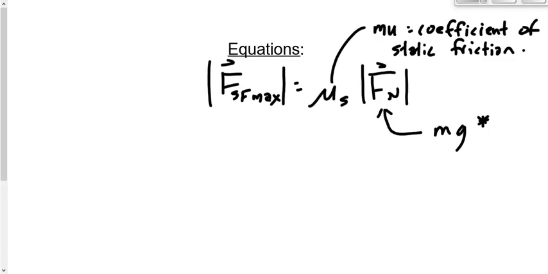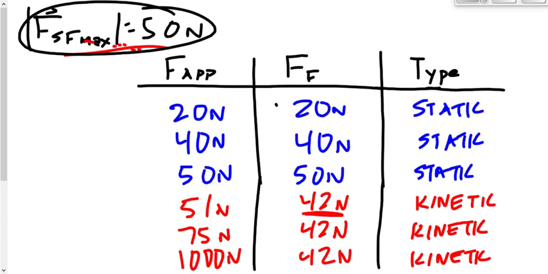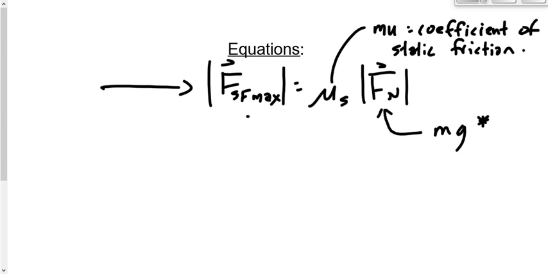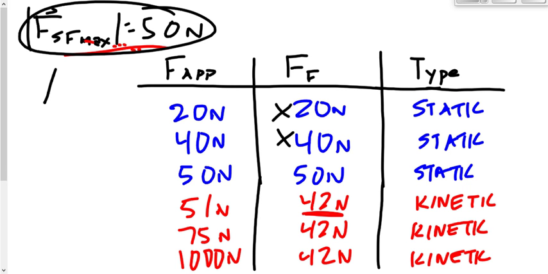I'll point out to you when the normal force isn't m times g, but it is for now, for the next few days. So remember, this force right here does not get us this value or this value. The force that we just calculated with this equation gets us this value, the maximum force of static friction, which we're going to use to compare in this table.